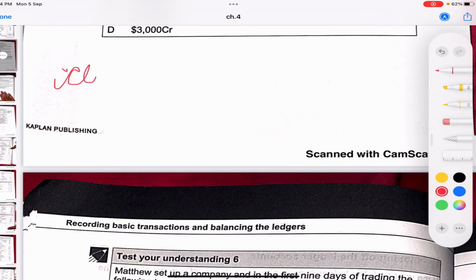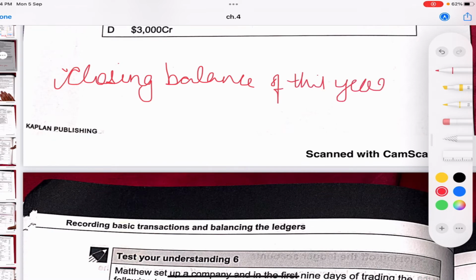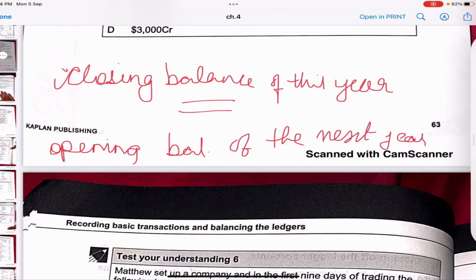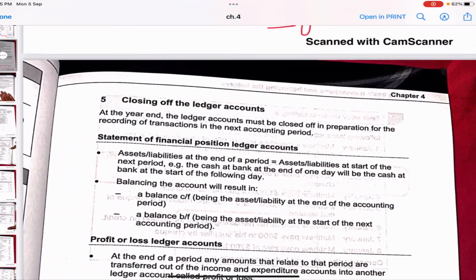Closing, write this down. Closing balance of this year will be equal to the opening balance of the next year. Right? Any confusion in that?